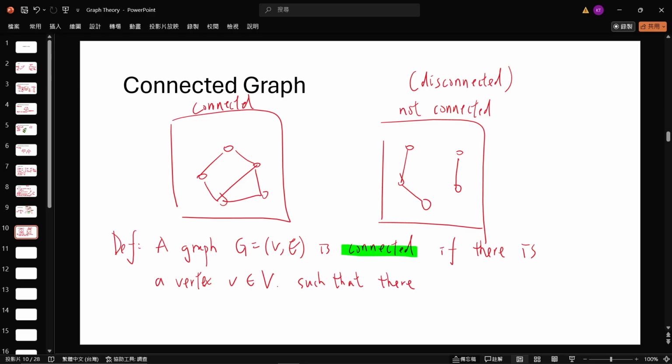But if you're not sure about this path, I'm going to define it later, okay? Okay, so this is so his suggestion. Okay.